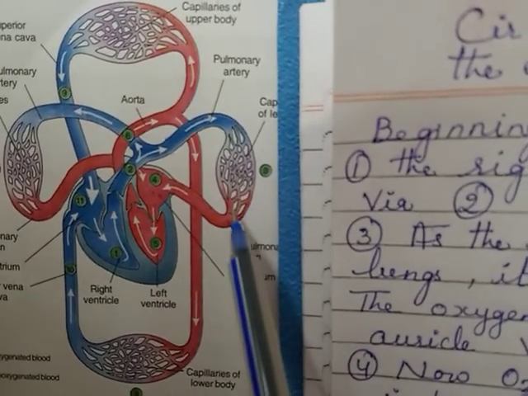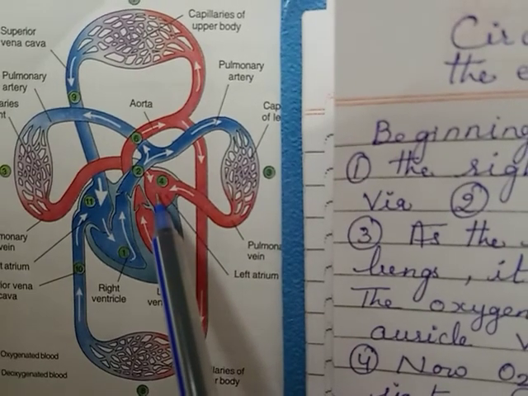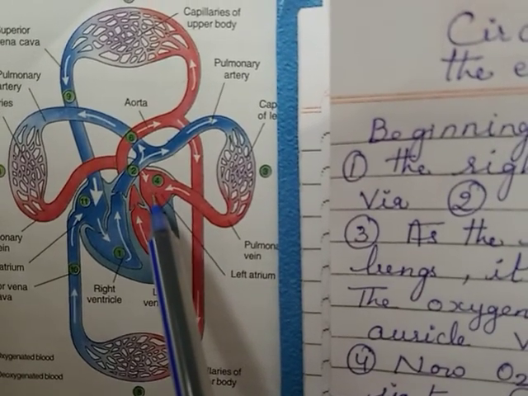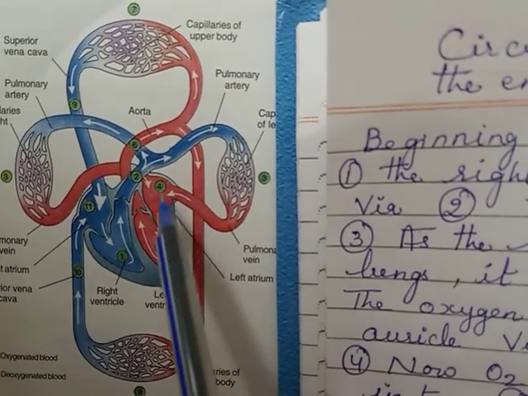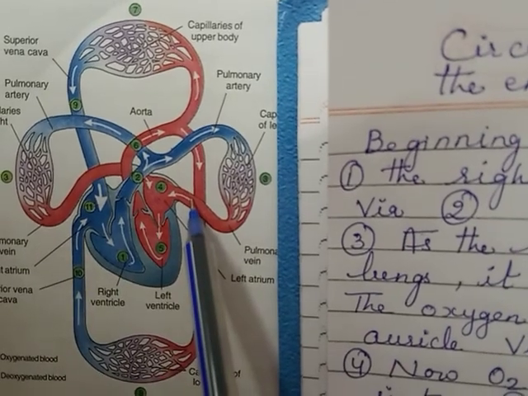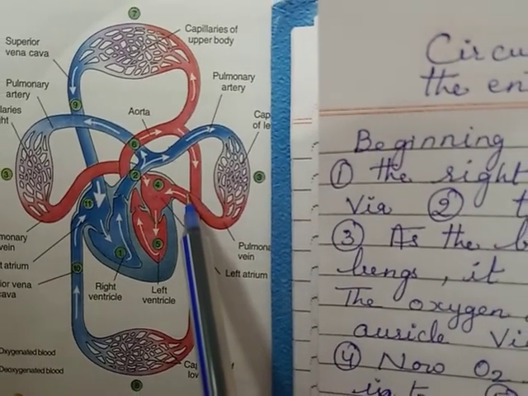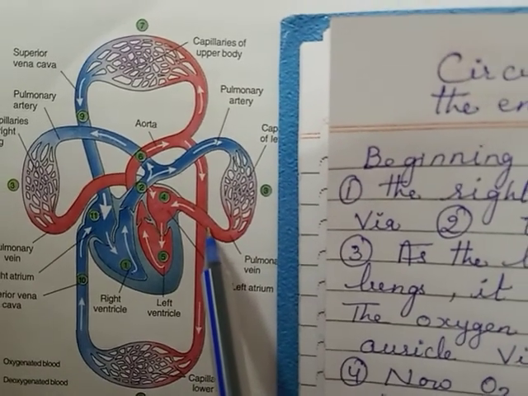Now this oxygen rich blood flows back into the left auricle via the pulmonary veins. See here, these red color veins are the pulmonary veins, and these are the only veins which carry oxygenated blood. So I think, children, you have understood.